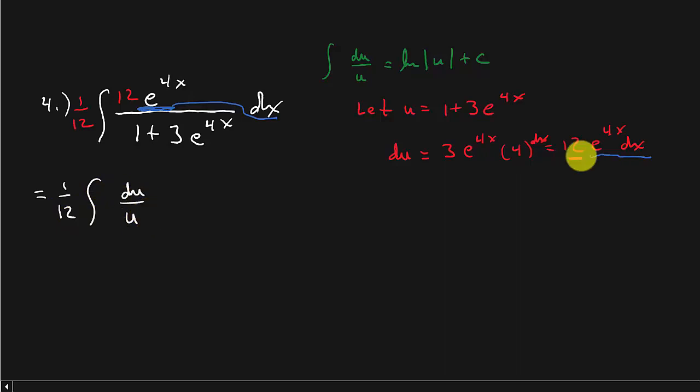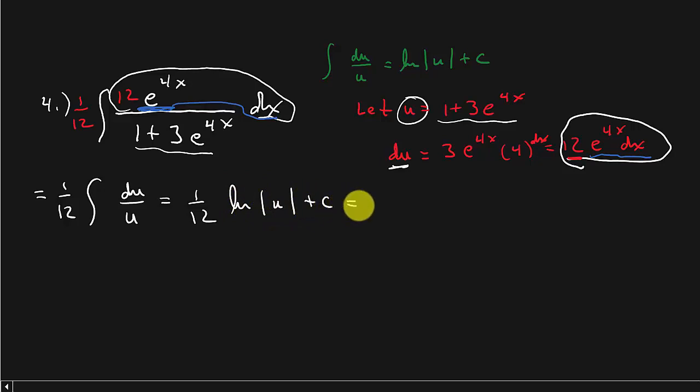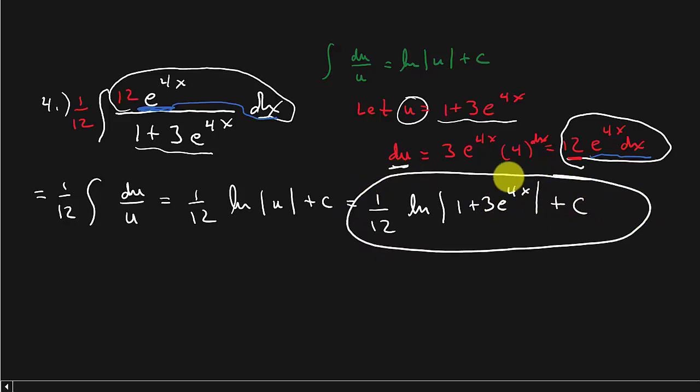Just making my substitutions. This is du, and you can see I've got it here. And then this is u. And so that's 1 over 12 natural log absolute value of u plus c. And then I substitute back in. Plus c. And there's my answer.